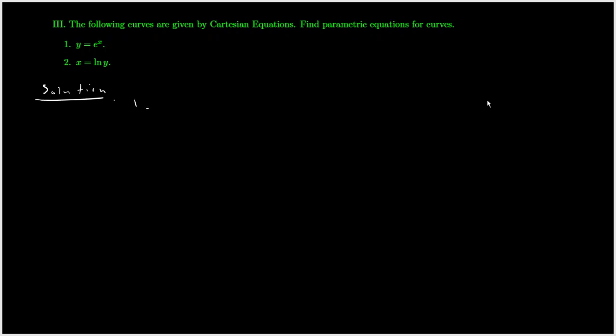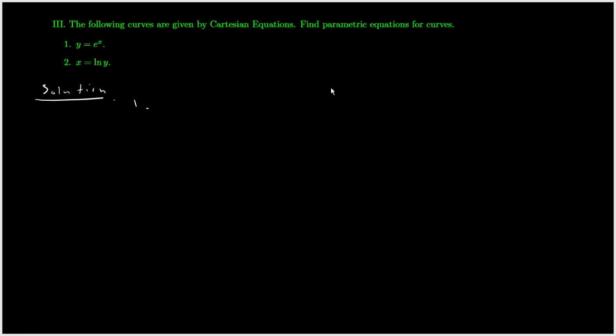Now let's do question 1 first. Simple. The idea is to treat one of the 2 variables x or y as a parameter t. I want to repeat. The idea is to treat one of the 2 variables x or y as the parameter t.